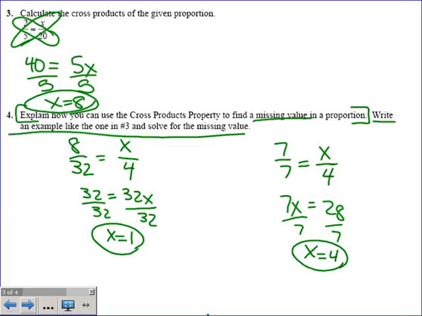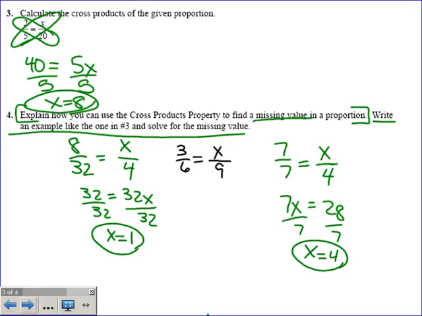Sierra, let's do yours as well. Sierra, what's your example? I put 27 over 6. Wait, no. Oh, I'm sorry. Okay, I'm going to erase that. 3 over 6, so that's like 1/2, equals x over 9. So you got 4.5 in the answer.